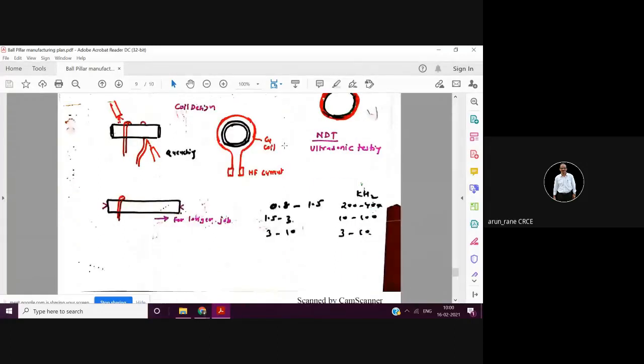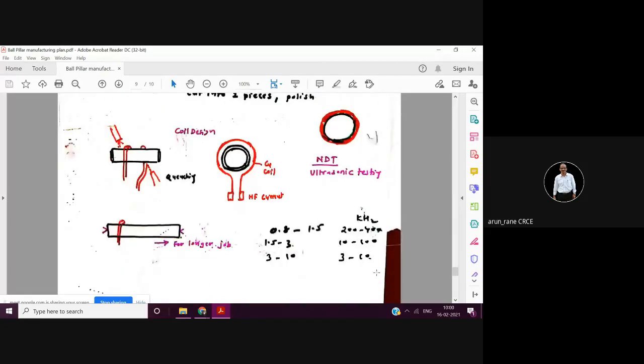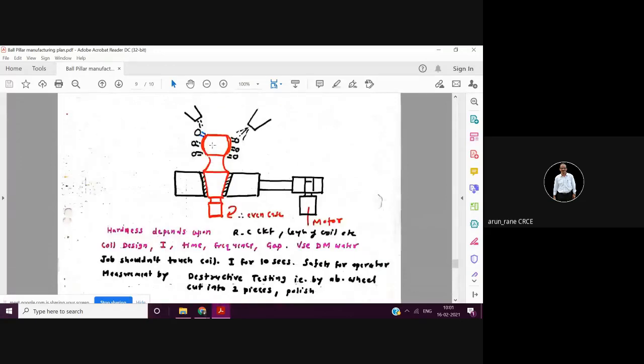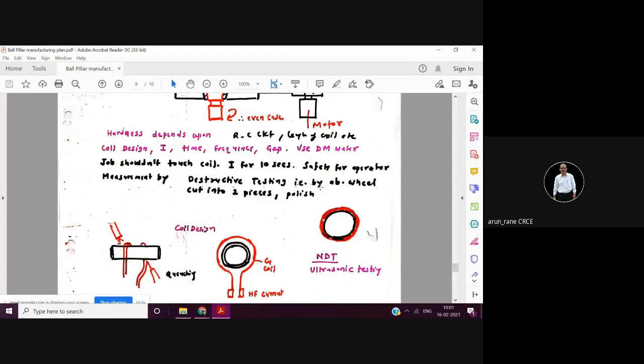But generally, we don't ask for the mathematical model. What we just remember is that it is a function of current and time. Because frequency can be changed with the help of a frequency generator.